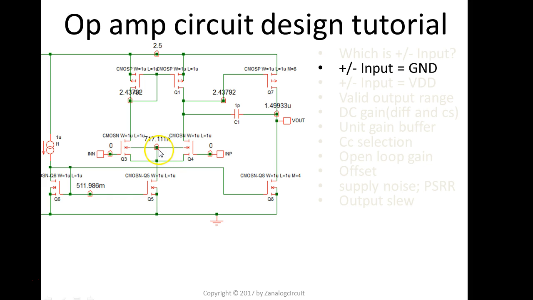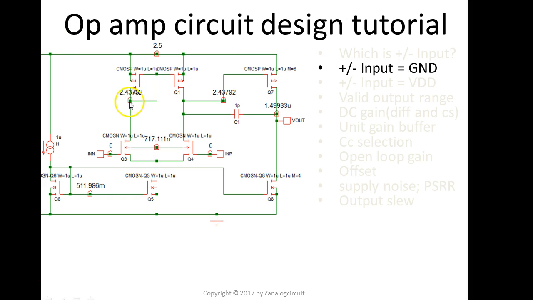And then you can see that their source is also at the ground. Why? Because when these two guys are off, no current goes through them. So that's the reason the VDS of this guy is going to be 0, right? That's the reason the source of Q3 and Q4 is also very, very close to ground.